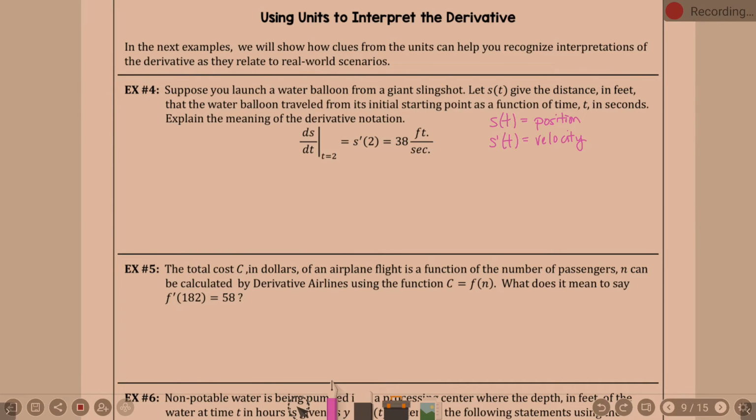At what time are we talking? t equals 2 seconds, right? So when t equals 2 seconds, what is this water balloon doing?